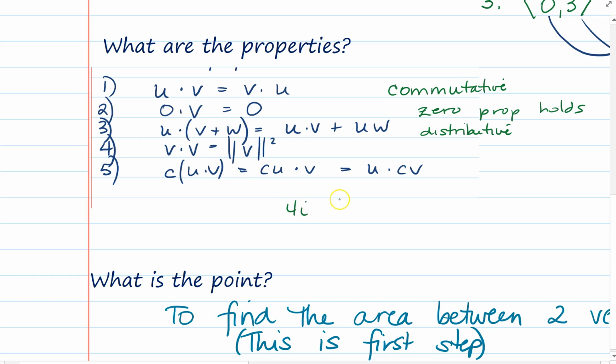If I had 4i plus 3j, and I was looking for the magnitude on this, it is 16 plus 9 is 25, and the square root of 25 is 5. Well, if I multiplied that by itself, I'm going to get 25, and the magnitude is 5. So anyway, to me that goes without saying.